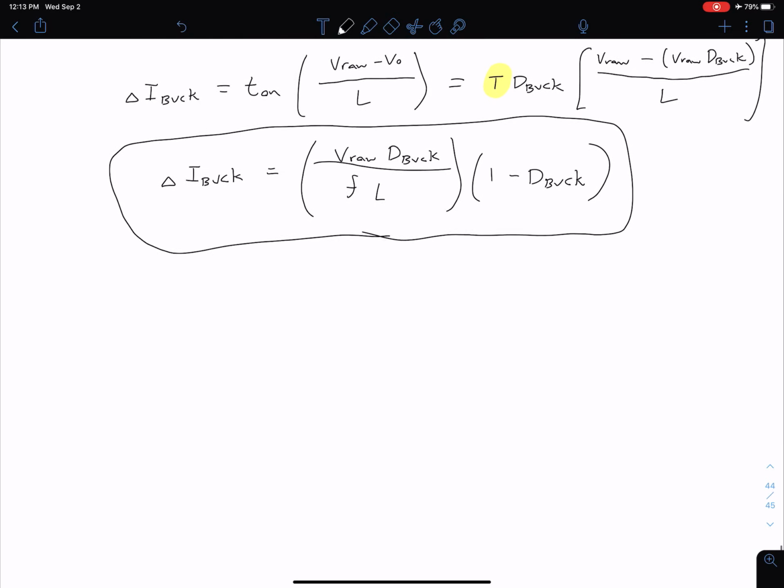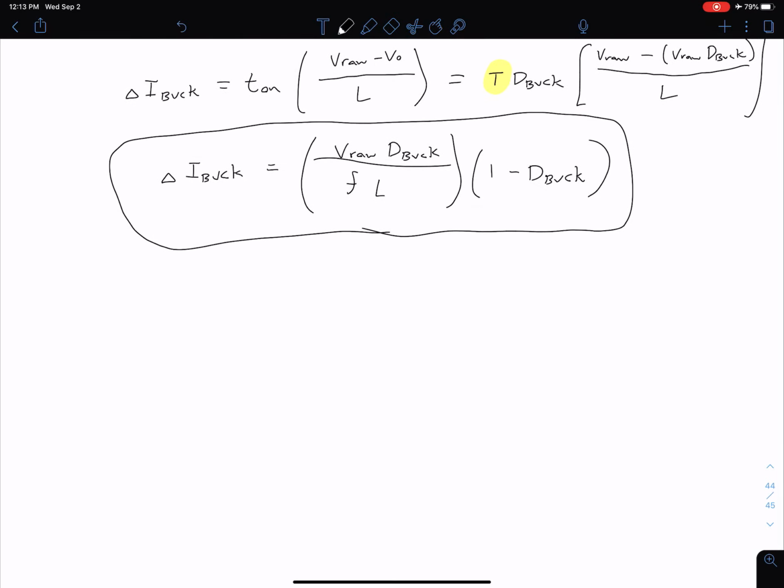One other thing that we're not going to go into details deriving, but we can look at what our ripple voltage is for a constant load. Remember, ideally we're assuming that we have a constant V out, but in practice that's not necessarily the case.